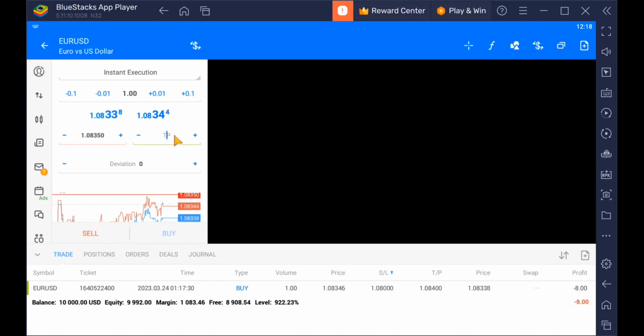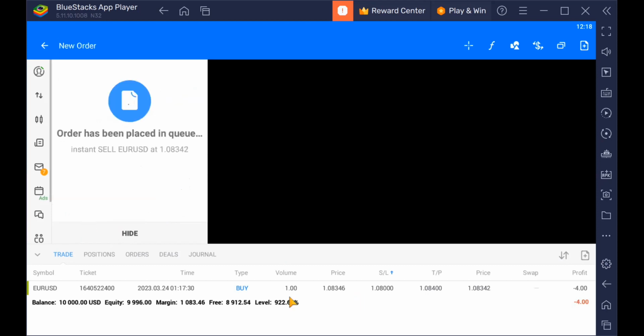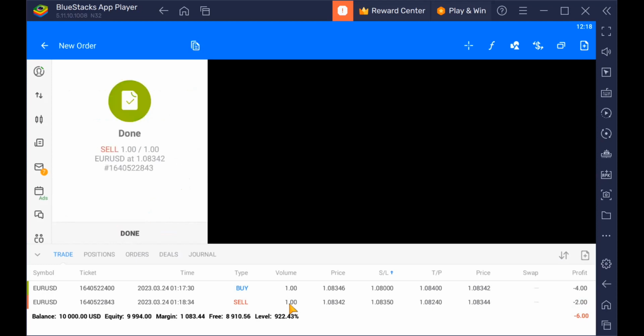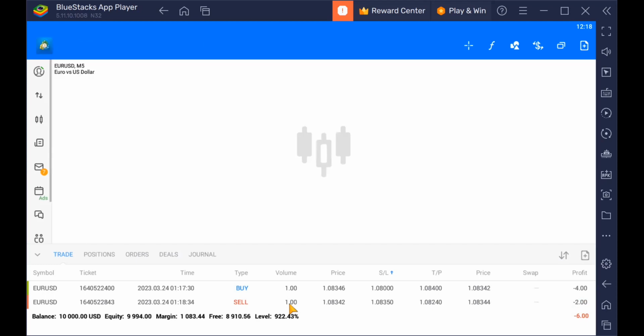But if I'm in a selling position and the price is pumping or going up, I'm at a loss. I can put the profit at 24, which is below, and I'll click on set. So it's going to set it for me instantly. That is what stop loss and take profit are.